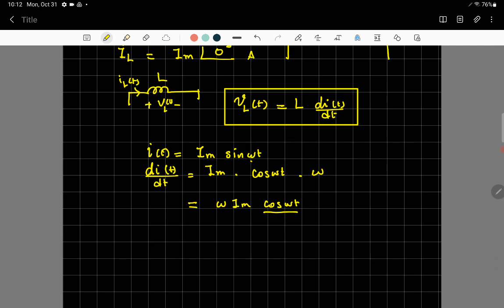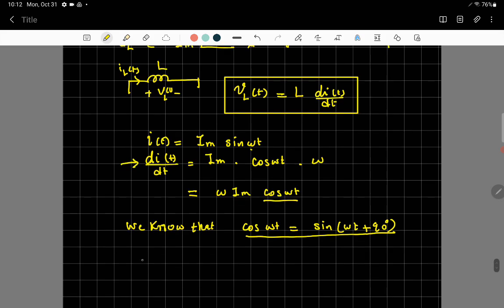How do you convert from cosine omega t to sine omega t? We know that cosine omega t is equal to sine omega t plus 90. So let's use this relationship to plug it into di by dt. So di by dt is equal to omega Im, and I replace cosine by sine omega t plus 90.